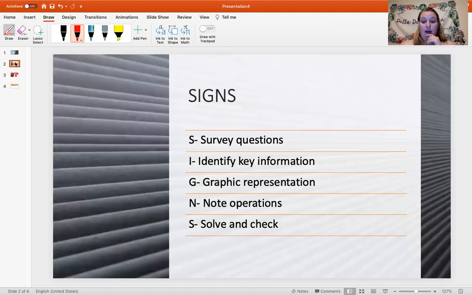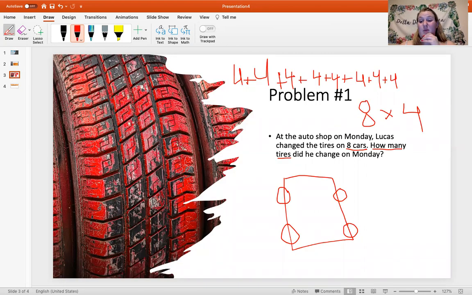so now that we've thought about that, we noted our operation, now we can try to solve it and check it. So I can think of my multiples of 8. So I have 8, and then 16, 8 times 3 is 24.